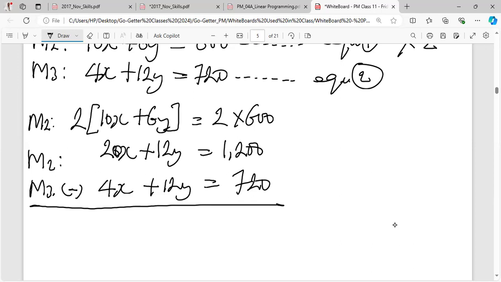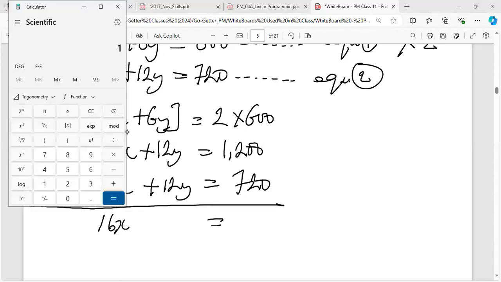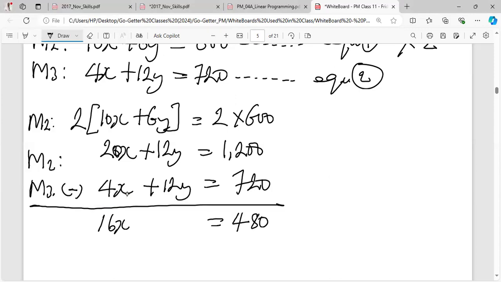So 20 minus 4 will give us 16x. 12y minus 12y will give you 0, so we don't need to write the 0. 1200 minus 720. Let's activate our calculator. 1200 minus 720 gives us 480. So we have our 480 here.